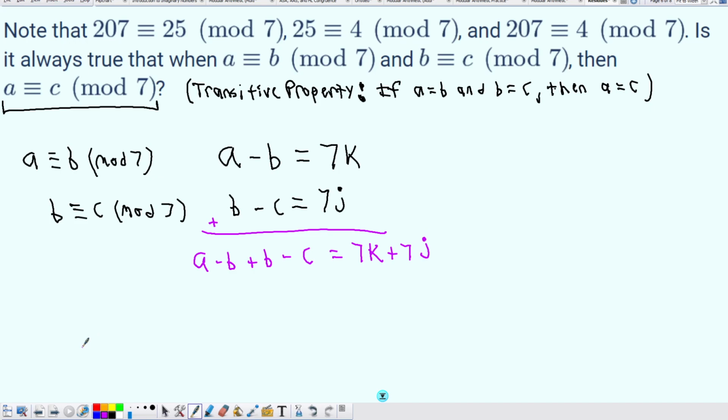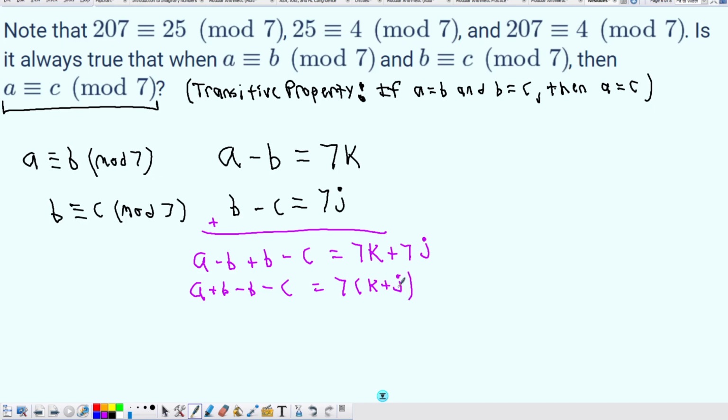Interesting. So, what can I do from here? Well, we have negative b plus b. I can rearrange this, use the commutative property. A plus b minus c is equal to, and I'm going to use the distributive property in reverse, factor out a 7, and we have k plus j.